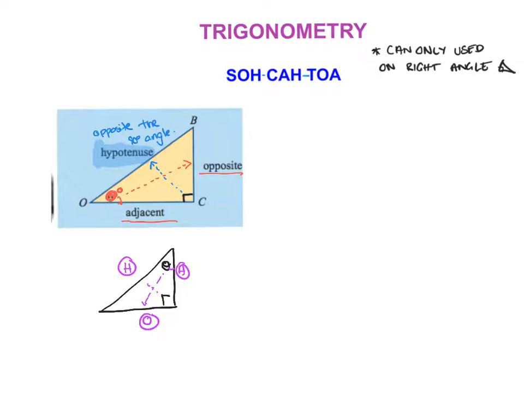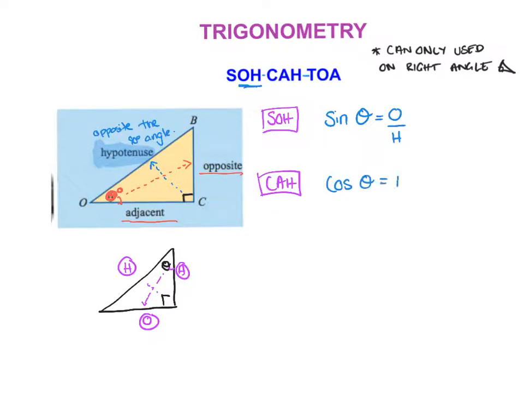So we need to learn them, and then we also need to learn these Sohcahtoa rules. The SO stands for sine, and we say sine angle equals opposite over hypotenuse. So the first one goes on the top, and the second one goes on the bottom of the fraction. The CAH reminds us that cosine angle equals adjacent over hypotenuse.